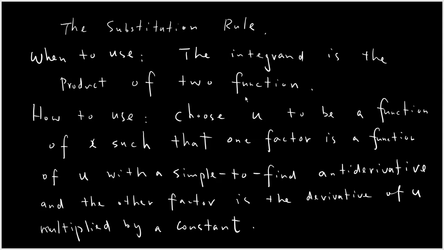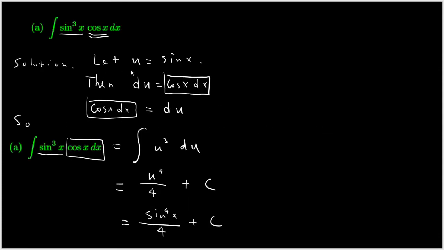And then how to choose u? If it's possible, choose u to be a function of x such that one of the two factors is a function of u with easy to find antiderivative. U cubed has easy to find antiderivative. You see, we need the antiderivative of u cubed in here, right?